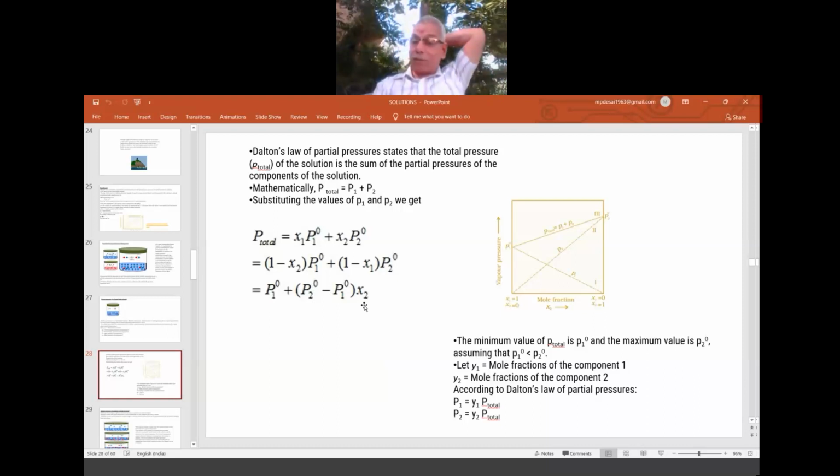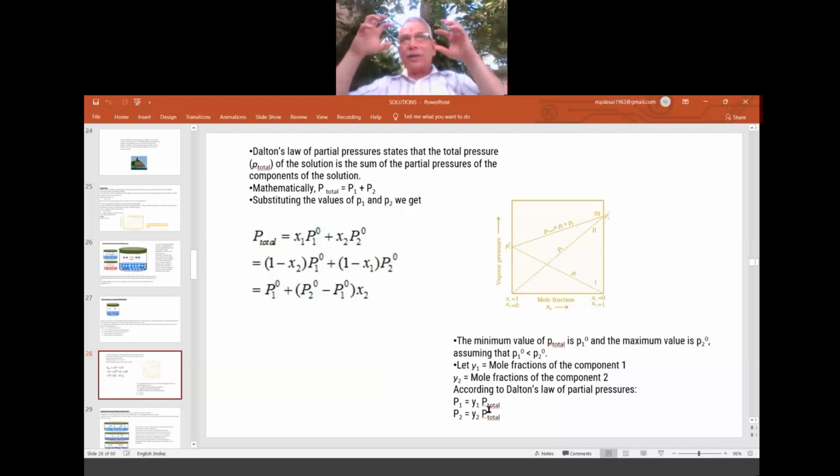Now note P1 equals Y1 P total. See what the mole fraction of A and B is now. Mole fraction of A equals the number of moles of A divided by the number of moles of A and B both. Here the mixture is liquid and liquid only, so vapors are there.